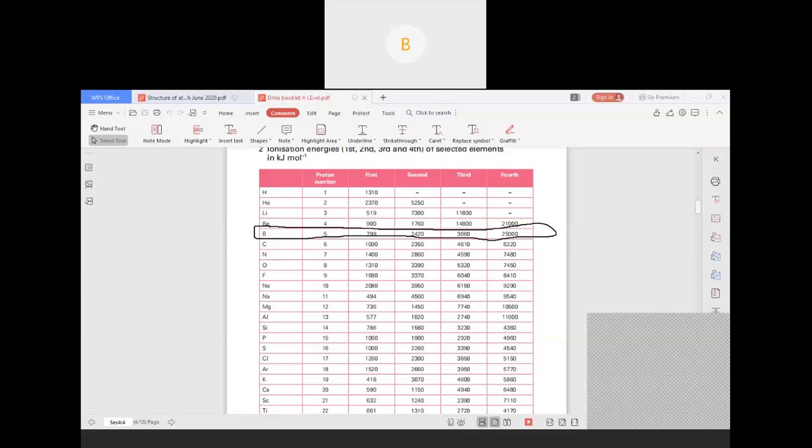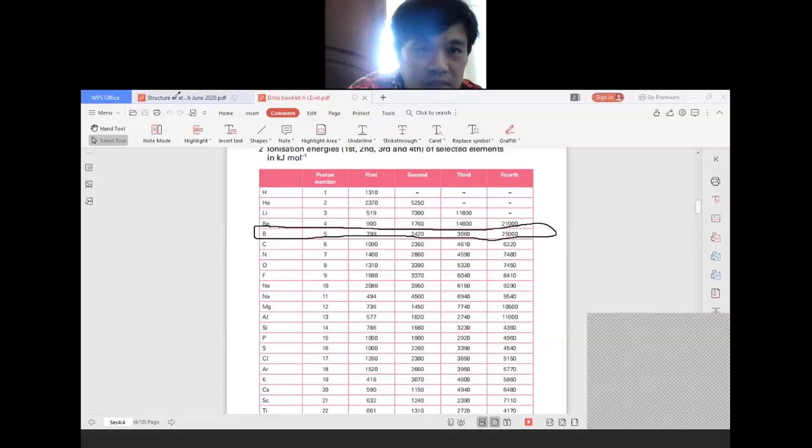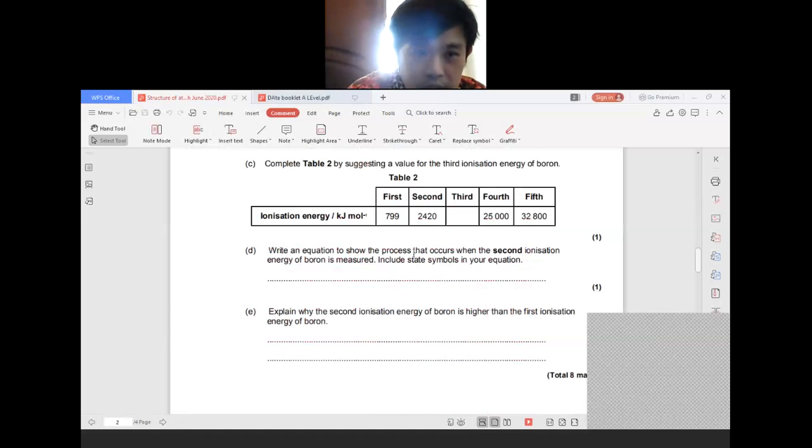Yes, it is 3660. Okay, now this value we just need to write on the value here, 3660, and then write an equation to show the process that occurs when second ionization energy of boron is measured. So it means like this.